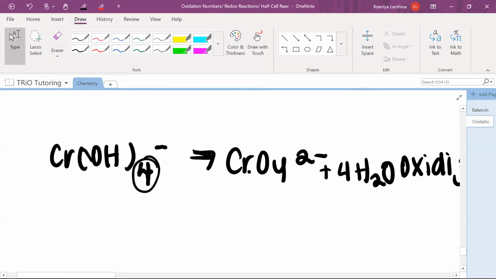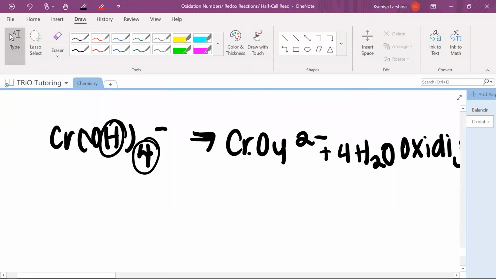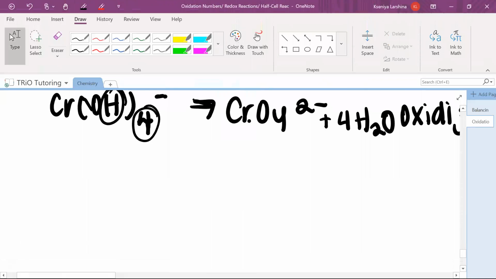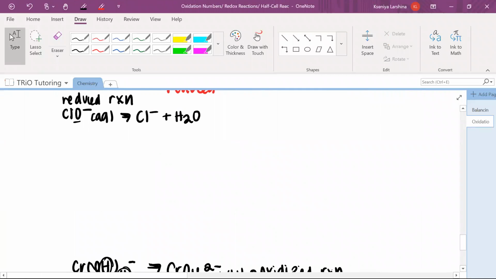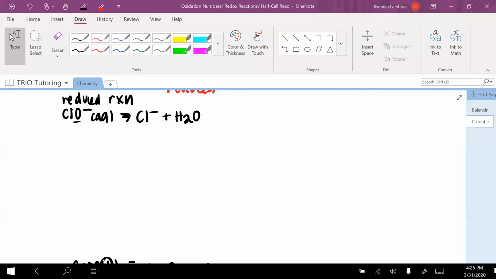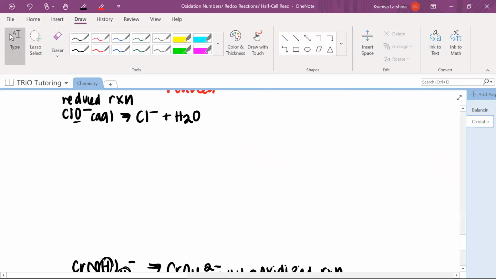So, because we have water, you're going to add our hydrogens in order to balance them out.